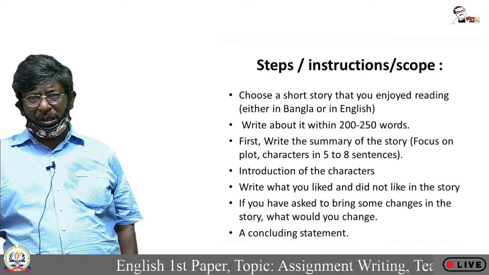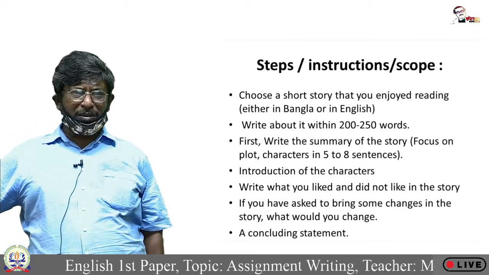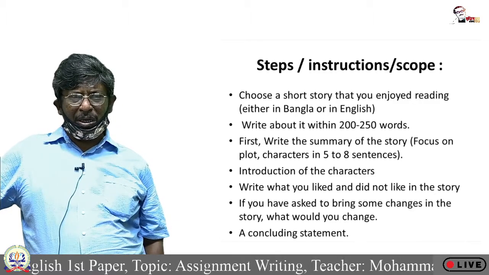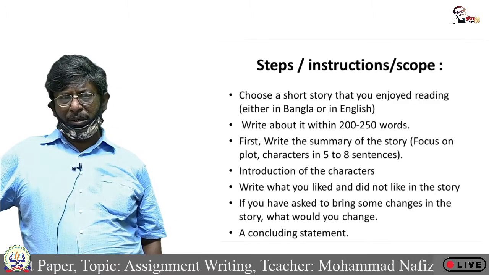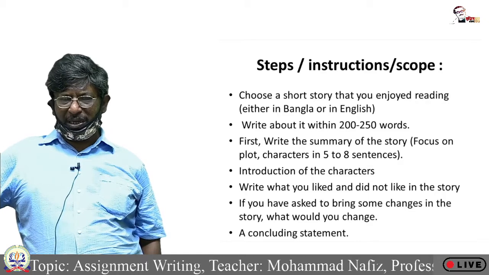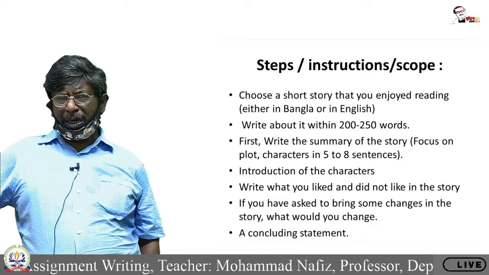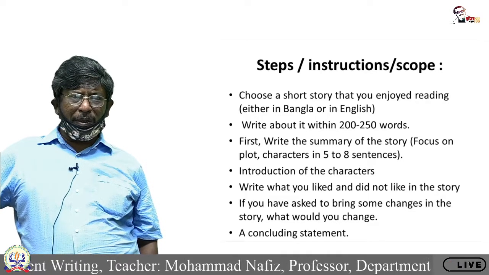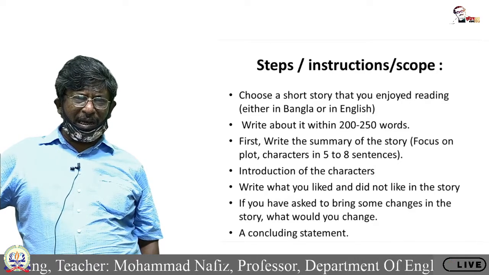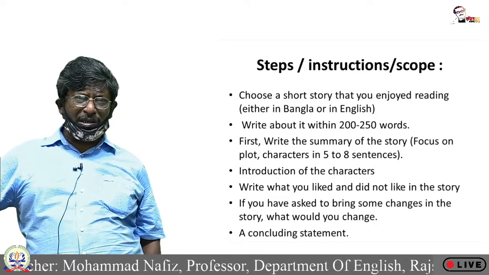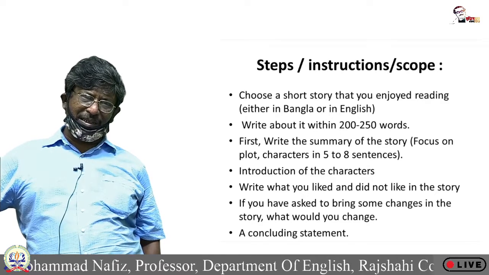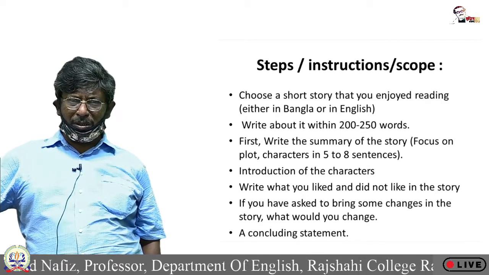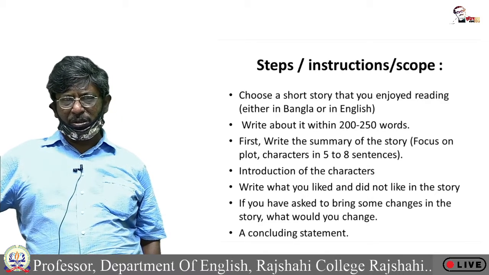what I said. In the summary or synopsis section, you will write only the names of the characters. At best, you can give an idea about the relation among the characters in your summary or synopsis section.